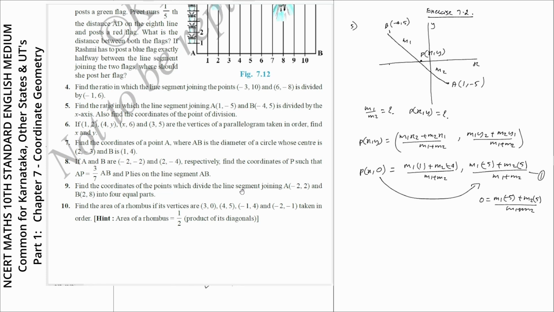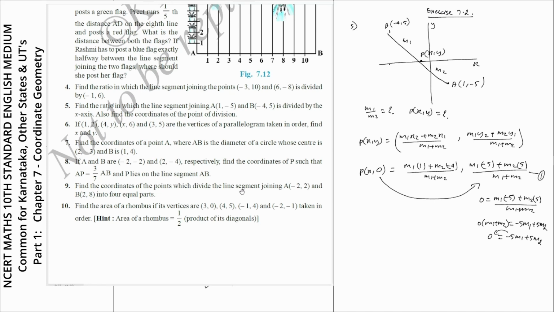So if I cross multiply, 0 into m1 plus m2 is equal to, now m1 into minus 5 is minus 5 m1 plus 5 m2 I'll get. So 0 into m1 plus m2 is 0 only. 0 into any number is 0. So 0 is equal to minus 5 m1 plus 5 m2.